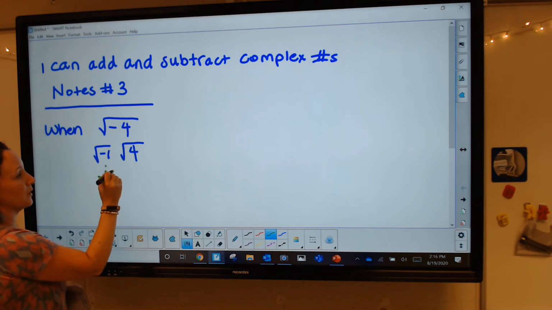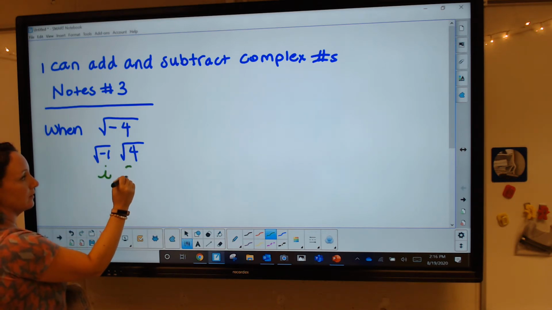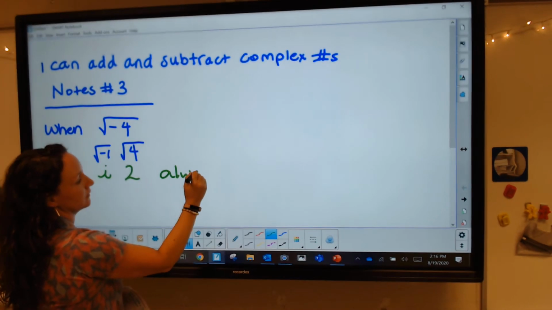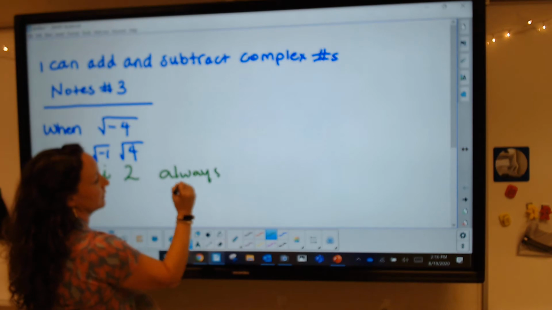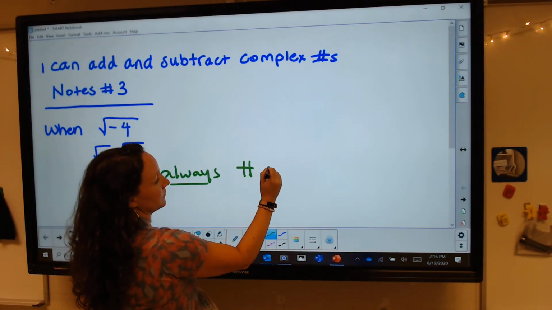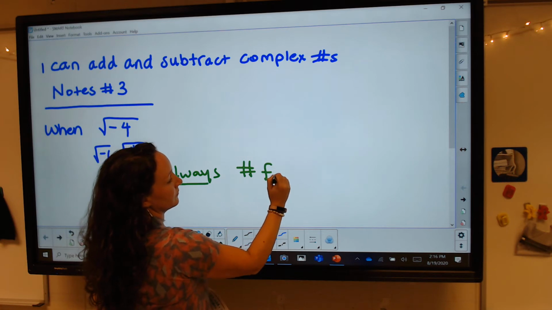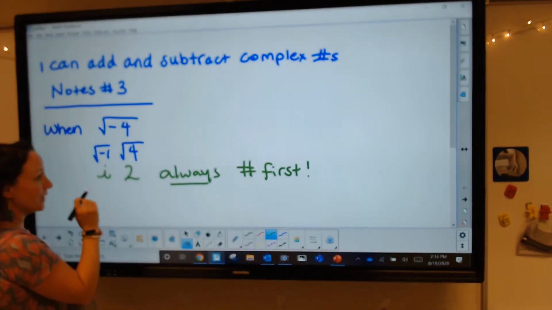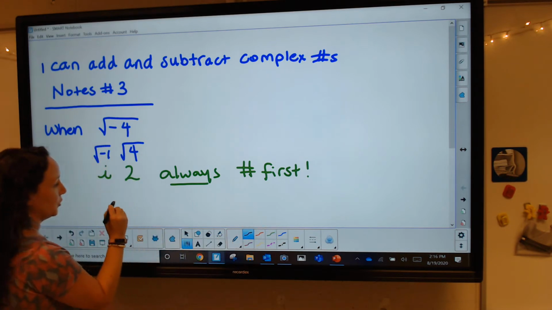The square root of 4 is 2, but you always put the number first, so I'm going to rewrite this as 2i.